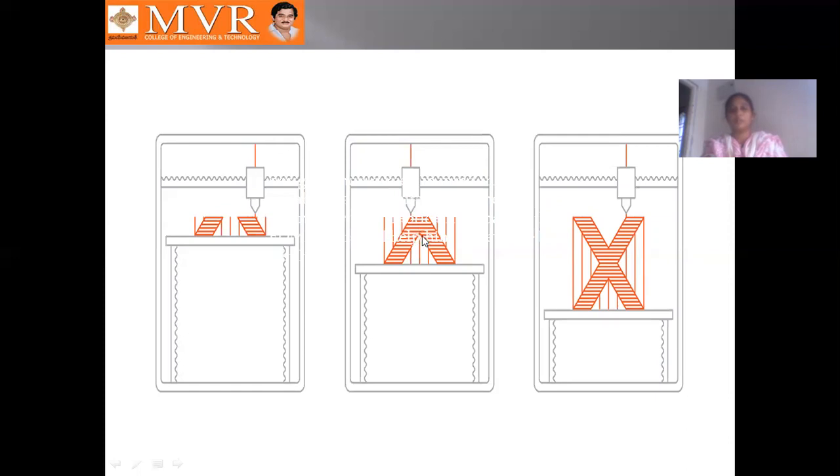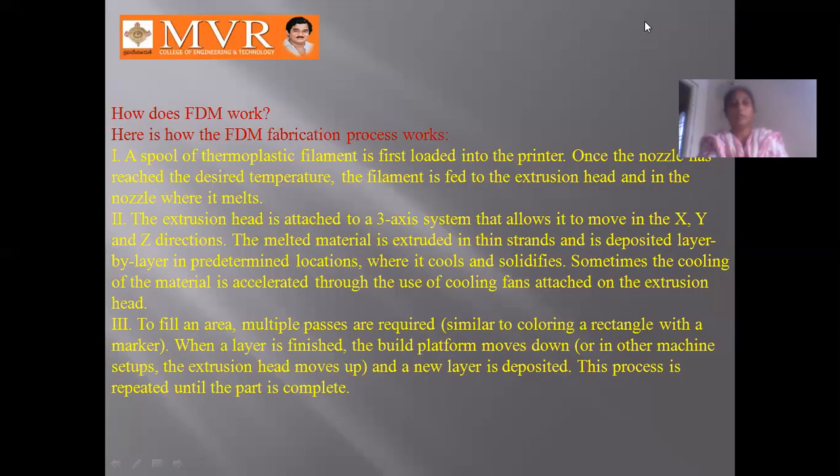After this, in the X shape also, it is directly extruded with different methods. In this diagram, the extruded part will be slightly different throughout the materials of the system.